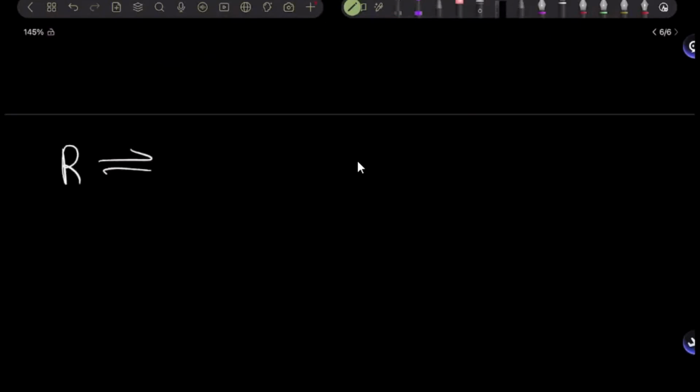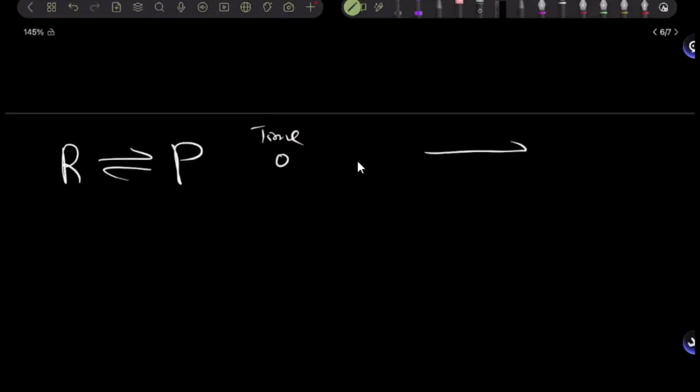So let's make a table for this. So I start this reaction, and what happens at time zero? Forward and backward. Let's make a table so it's easier for you to understand how this reaction established equilibrium.